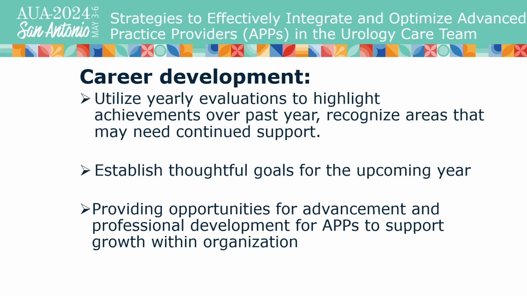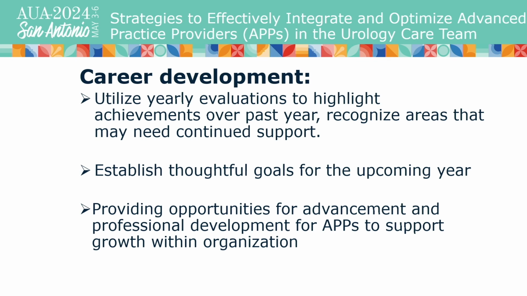Then we also focus on career development. So our institution makes us do yearly evaluations. I don't know, if you're at an academic center, you're probably familiar with this. Some of that process is a little tedious, but it does allow us to look at the past year, sit down one-on-one, see how the last year went, see what people's goals are for the next year and where they may need continued support, and establish goals for the upcoming year.